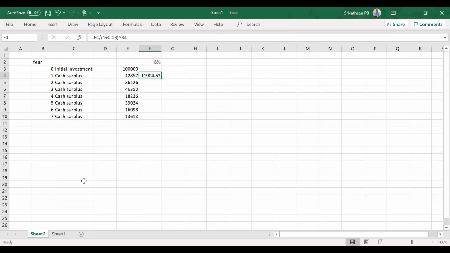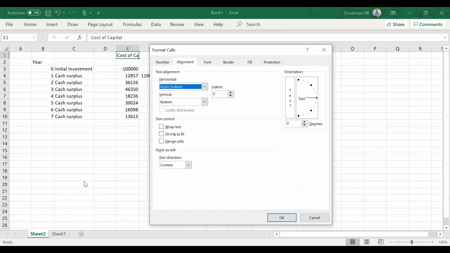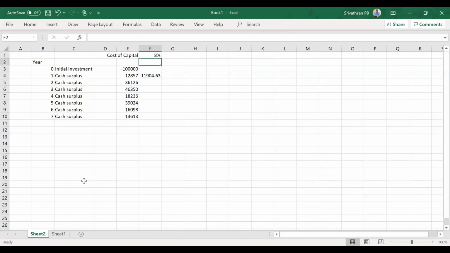So what I get at the end of 1 year, though it is 12,857, if I discount it at 8%, today's value is only 11,904. This is the cost of capital, or your borrowing cost. Present value: since it's year 0 today, there is no change in present value.